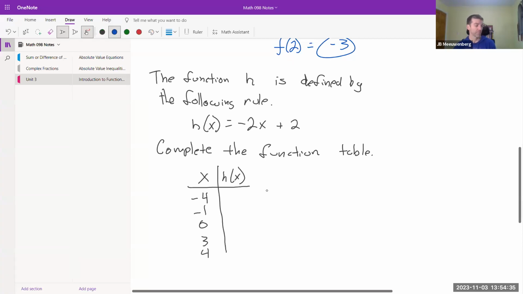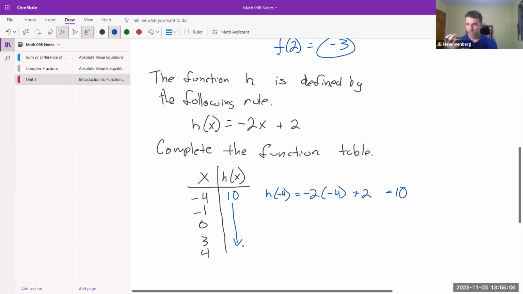So you might say h of negative 4 is equal to negative 2 times negative 4 plus 2. I got that from up here. That would be 8 plus 2, which is equal to 10. So again, if negative 4 is the input, 10 is the output. Inputs and outputs. We could keep doing that for all of those values.